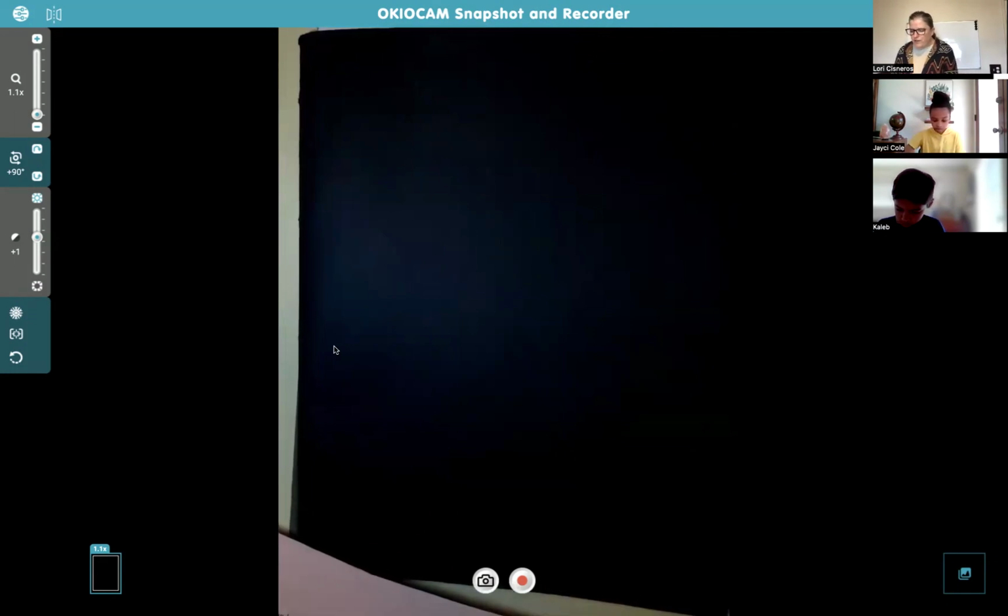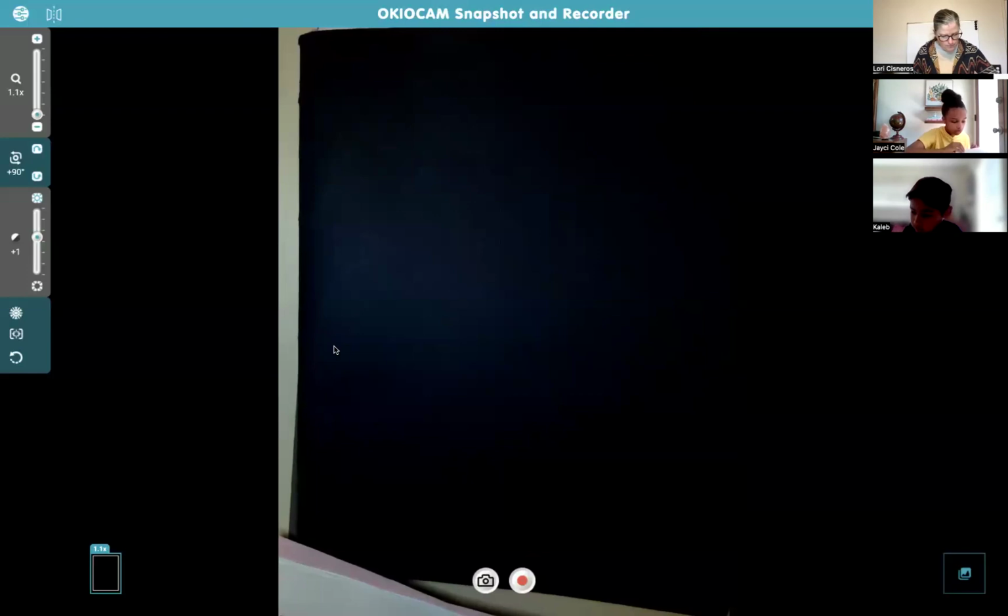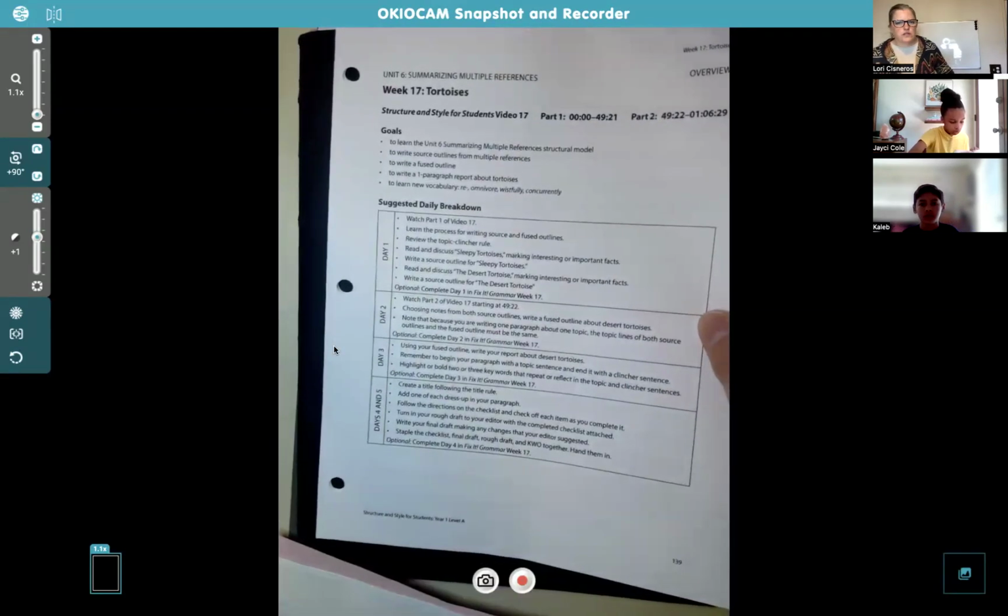Wherever you keep your finished stuff, some students put it in another binder or folder, but wherever you put your finished stuff that you're already done with, go ahead and put away tortoises. Everything about tortoises can go away now.